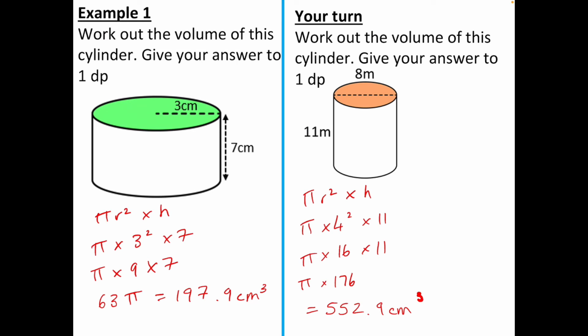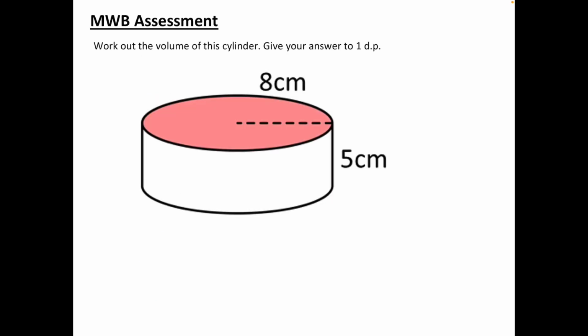When you mark this question, please note that the diameter was given, not the radius. So you need to first recognise that the radius is going to be 4 metres and substitute that into the formula down here. Please pause the video here and have a go at this question on your own.